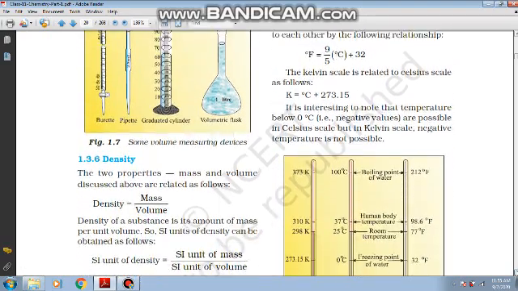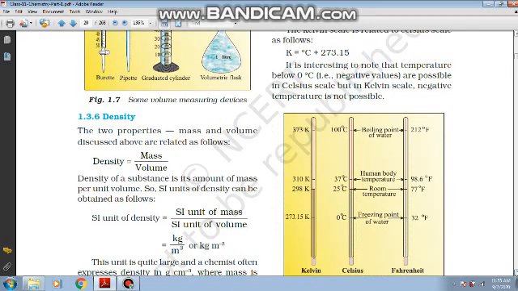Now coming to the next physical property of a substance, that is the density. Right from our childhood, we are studying that density is equal to mass per unit volume. So what is meant by mass per unit volume? Say for example, you have a 1 by 1 centimeter cubic box and you fill it with different liquids.